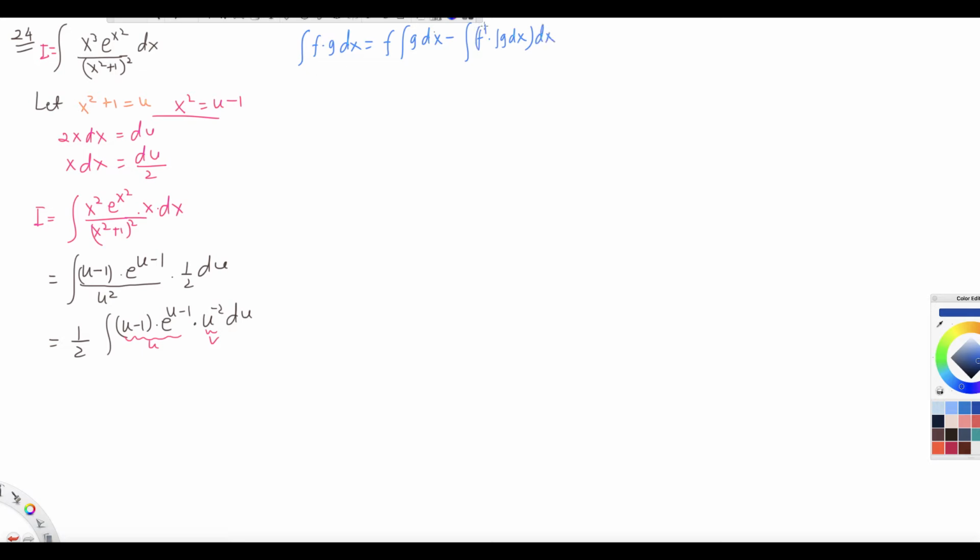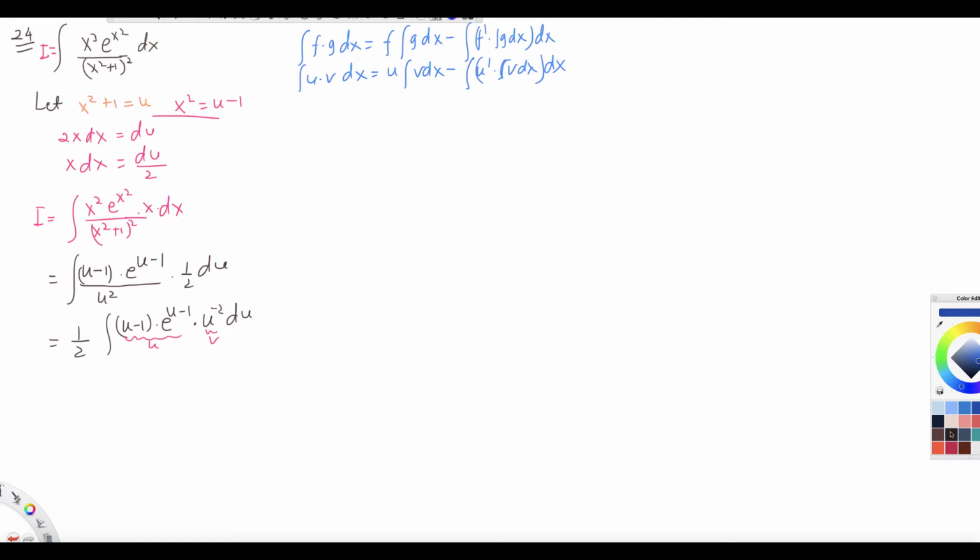Instead of u and v, I just used f and g, no problem, right? The reason I'm doing that is there is a u already. You can take u and write the uv formula: the integral of u times v dx equals u times the integral of v dx, minus the integral of u prime times the integral of v dx, with dx outside. Either way, it's the same formula.